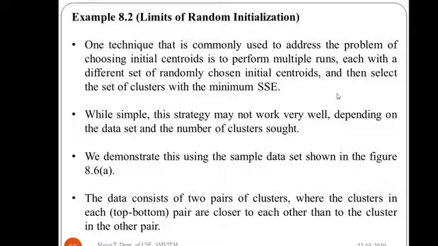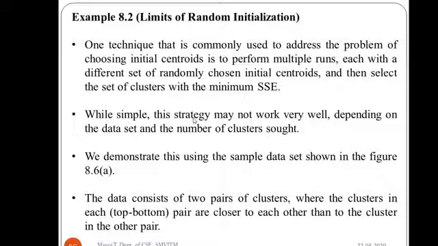That is, for the first run, you choose a particular set of randomly selected centroids. For the second run, you choose another set of initial centroids. Like that, you do many runs. Out of these many runs, you select the clusters with the minimum sum of squared error.